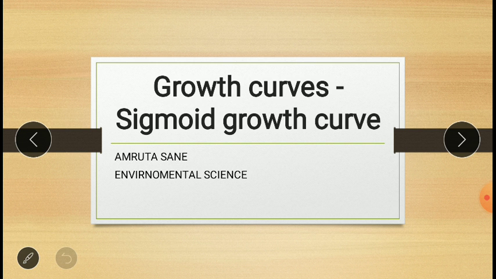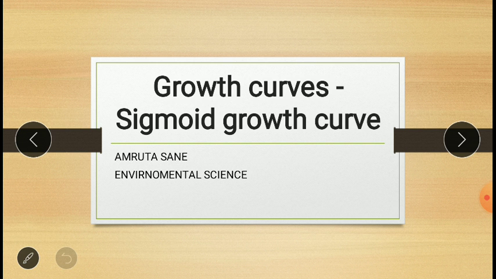Those factors were natality, mortality, immigration and emigration. Natality is the number of births taking place in the population at a given time in a given place, and mortality is the number of deaths taking place at a given place at a given time. That is what we studied about how the population density fluctuates.